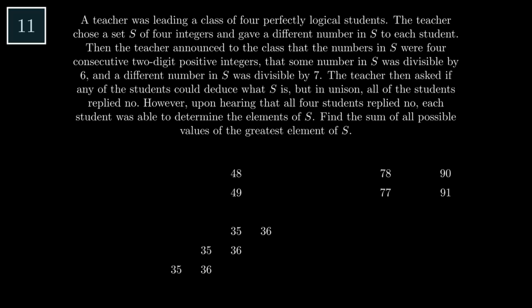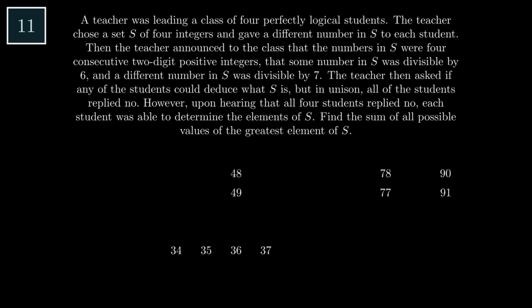Now we take a look at the case with 35 and 36. There are three cases, namely 33 to 36, 34 to 37, 35 to 38. Now, if I got 33 or 38, I will be able to figure out what S is. So eliminate the first and the third possibility. So we are left with 34, 35, 36, 37. Now, if I got 34, 35, or 36, the set S might contain 33. Who knows?